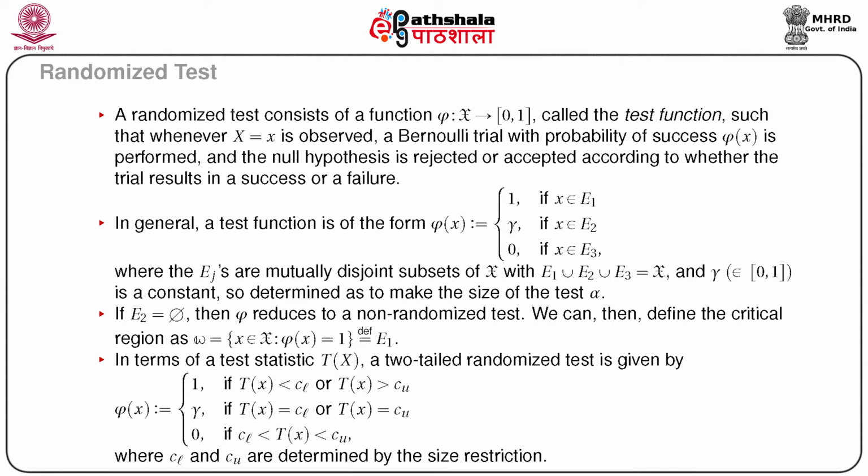It consists of determining a real valued function phi x such that phi x is a mapping from script X to 0, 1, that is from sample space to 0, 1, or 0 less than or equal to phi x less than or equal to 1 for all x, such that whenever x equal to small x is observed, a test is rejected or accepted according as success or failure occurs by performing a Bernoulli trial with probability of success equal to phi x.